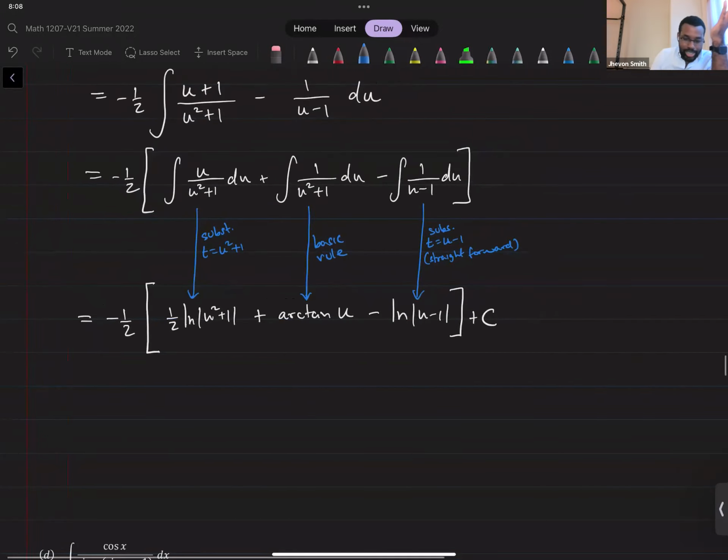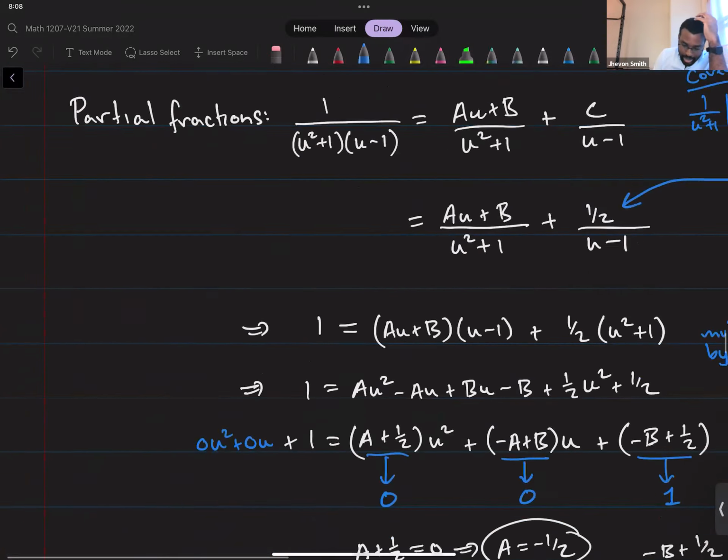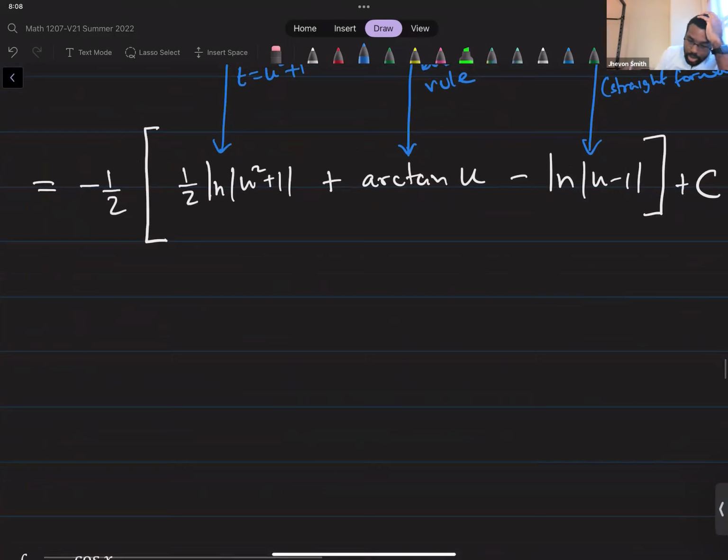We're not actually done because we did start this whole thing off with u equals e to the x. Let's not forget. So we're going to have to do our back substitution here.